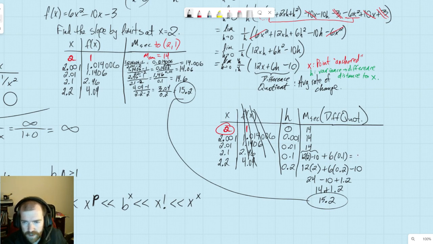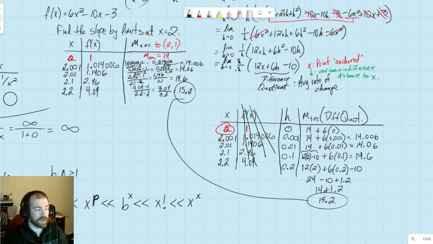So it's 14 plus 0.6, so 14.6, which again, same values we got up here. And then this is 14 plus 6 times 0.01, so 14.06. And then this one's going to be 6 times 0.001. It's going to be 14.006.